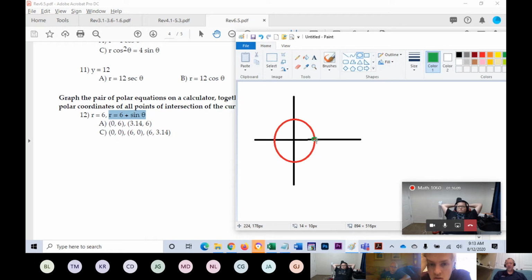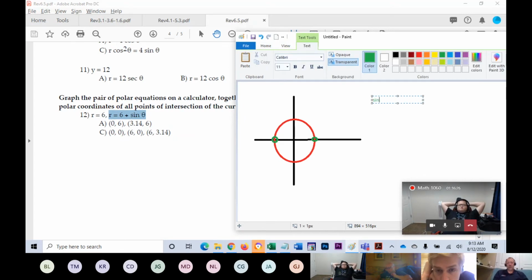The answers are going to be, it touches right here and it touches right here. Now, just for practice, let's draw this limacon. Probably the easiest thing to do is to find the sine of 0, sine of 90, sine of 180, sine of 270.